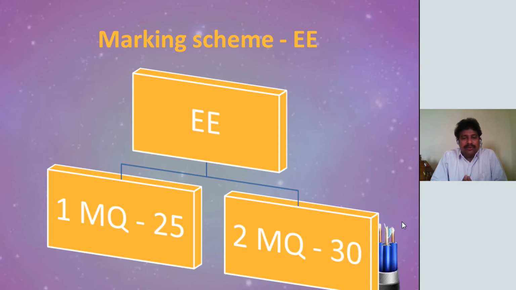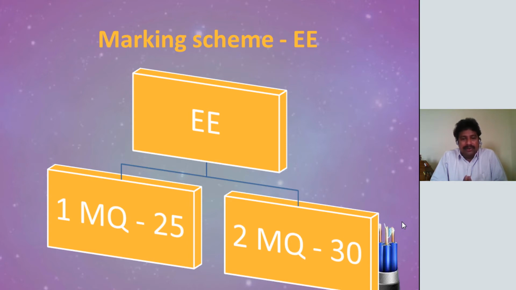If you sum 25 and 60, it is equal to 85. That means the engineering stream, which we call the branch specific or stream specific scheme, will be evaluated for 85 marks.